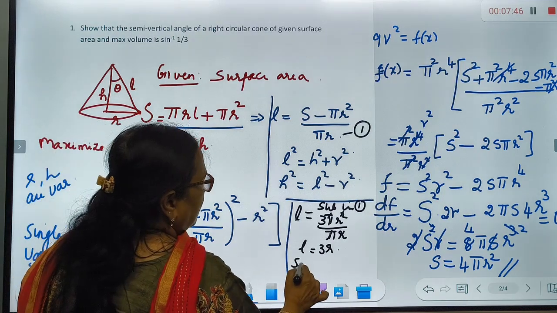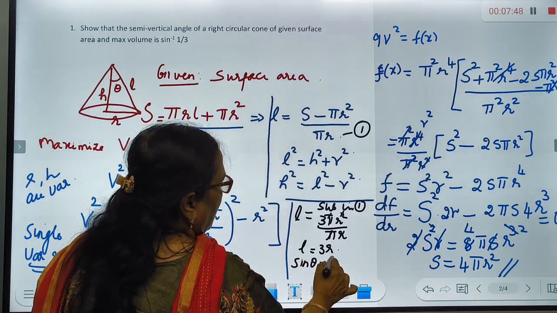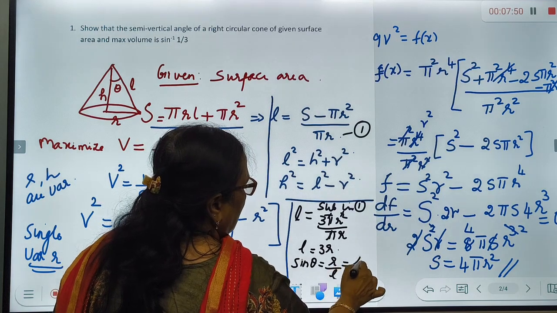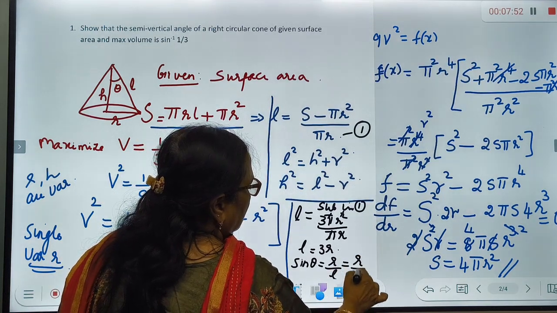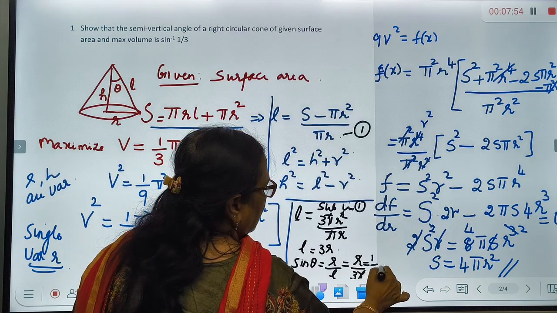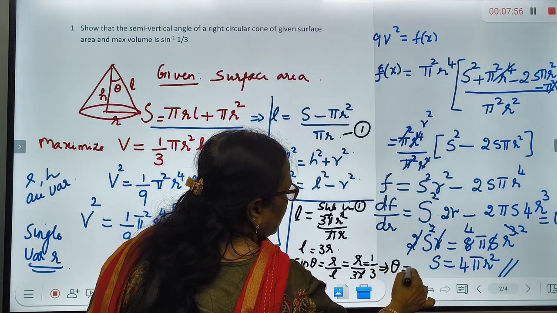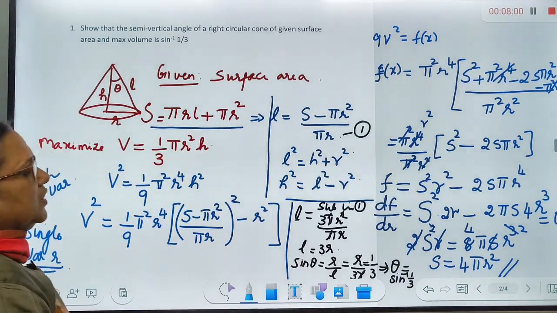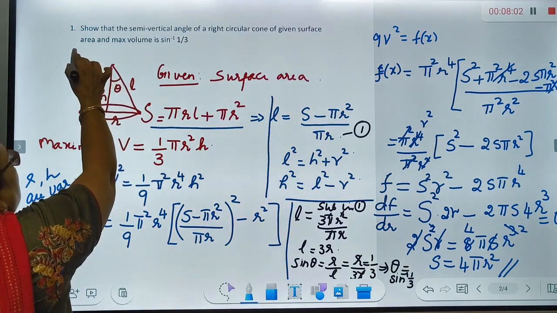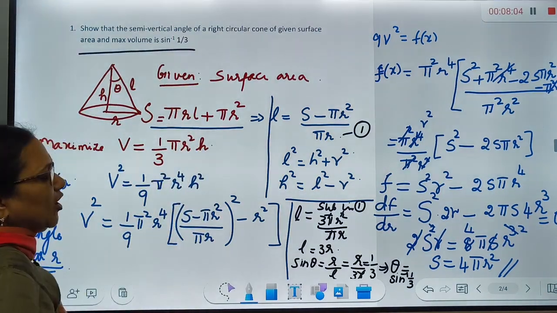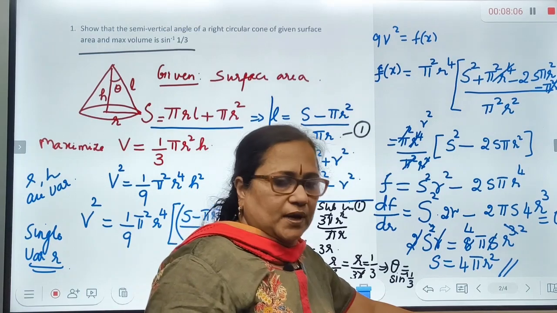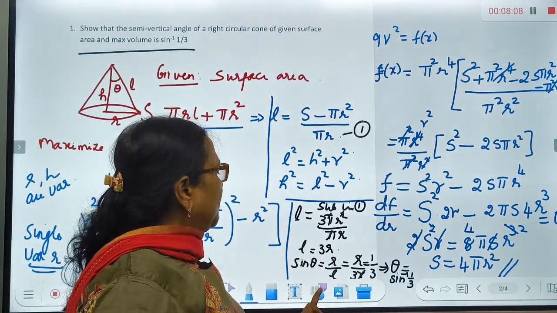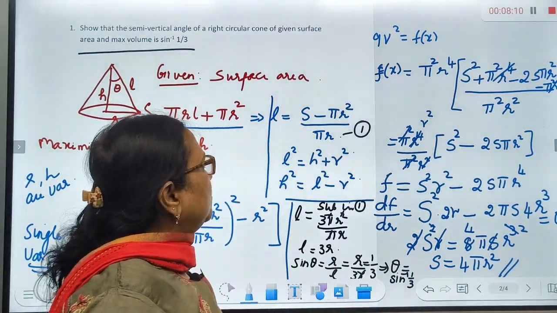Now sin theta equal to r by L. So r by 3r, which is 1 by 3, which implies theta equal to sin inverse 1 by 3, which is what we are expecting to prove. The maximum volume occurs at s equal to 4 pi r square. When s is 4 pi r square, theta is sin inverse 1 by 3.